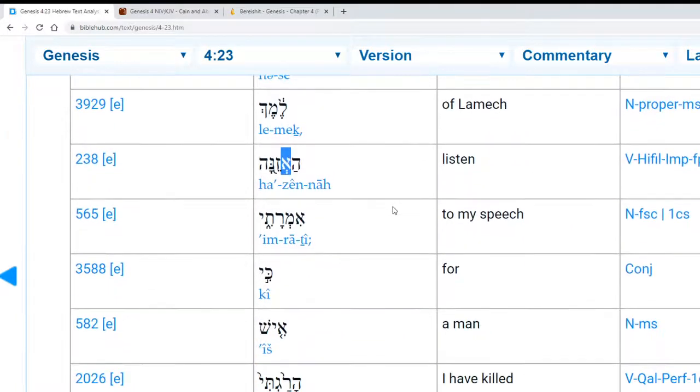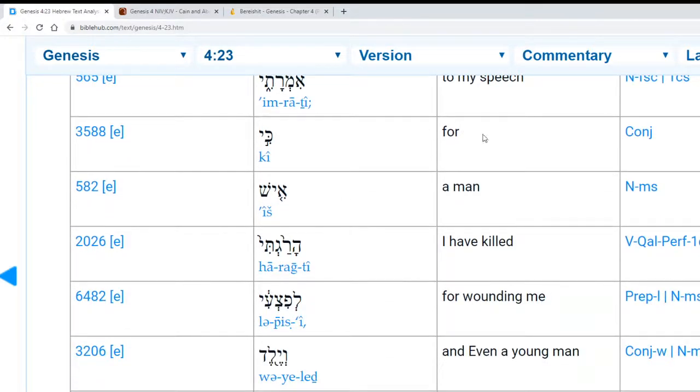Listen. Imrati, so Aleph Mem Resh means to say. Imrati are the things that I say. Imrati, ki, so for. Ish haragti. Ish means man. Haragti, hey, resh, gimel means to kill. We've had that before with Cain. Tav yud, meaning I have. So haragti, I have killed.